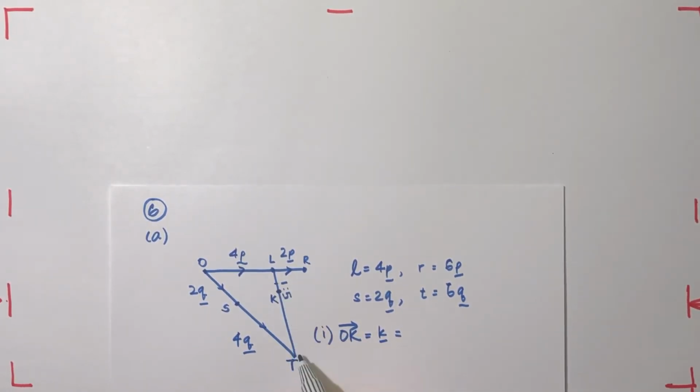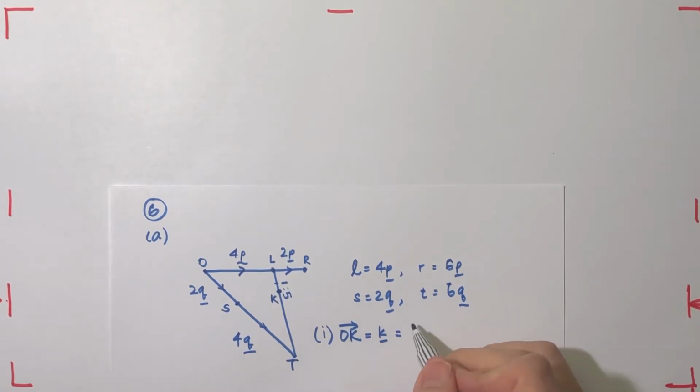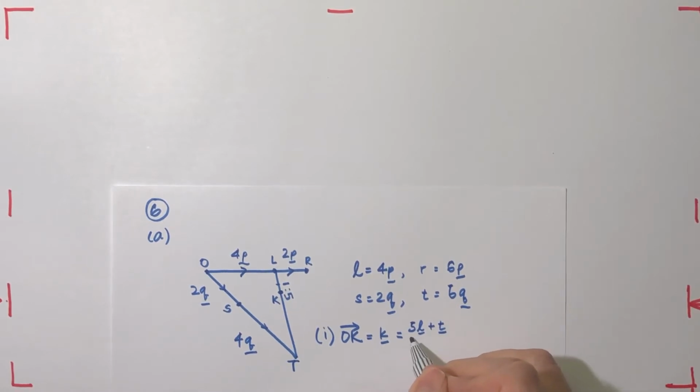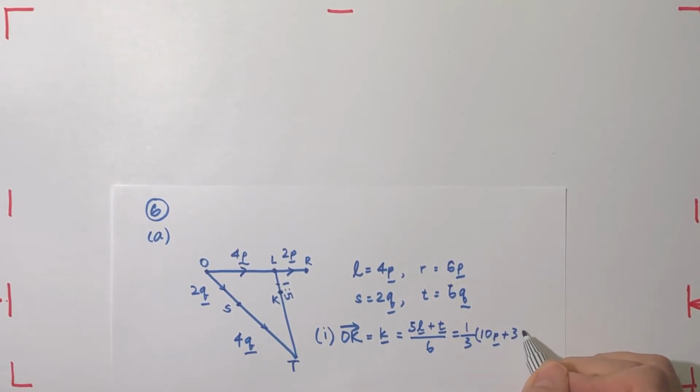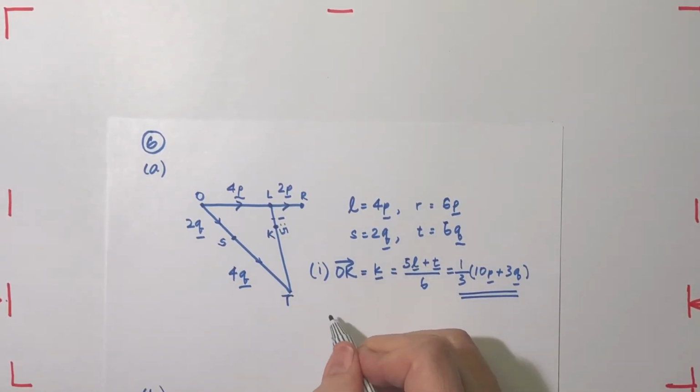Then the position vector of K is 5 times L plus 1 times T, divided by 6, which is 5 plus 1. If you work that out, you will get 1/3 of 10P plus 3Q. Okay, so that's the answer there.